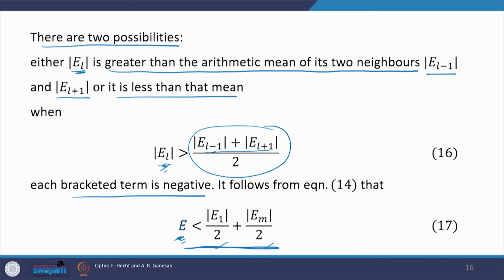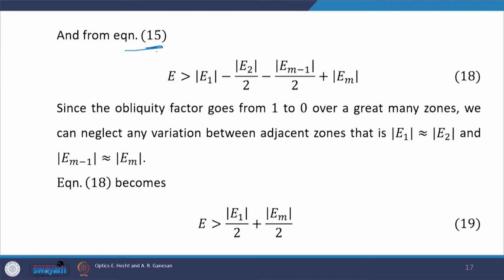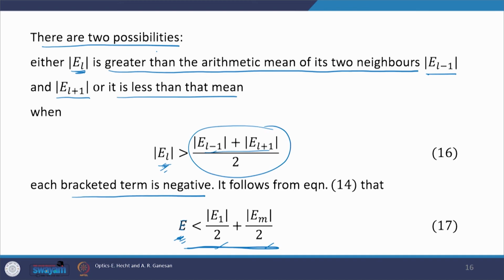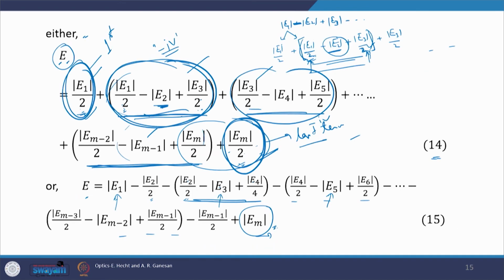If you do not add those negative terms, then E will be smaller than E1 by 2 plus EM by 2. Similarly, let us go to equation number 15 now. We have assumed that the middle term is larger than the rest of the two in all the bracketed terms. Therefore, here we get again a negative term, this bracketed term will also give a negative term, and this bracketed term will also give a negative term.